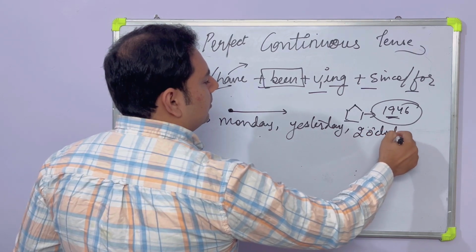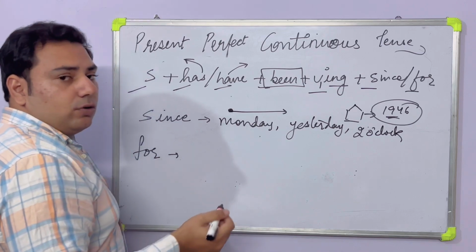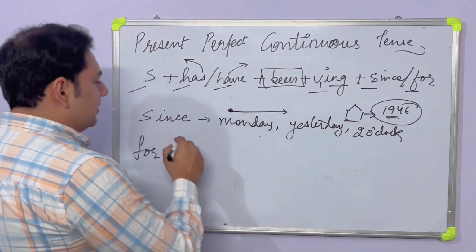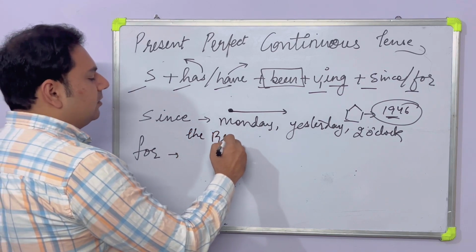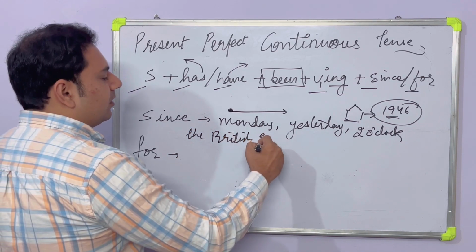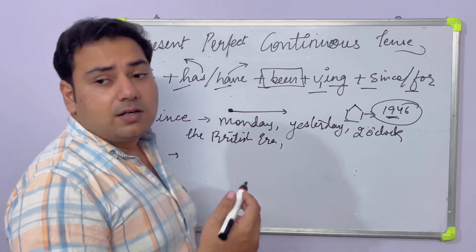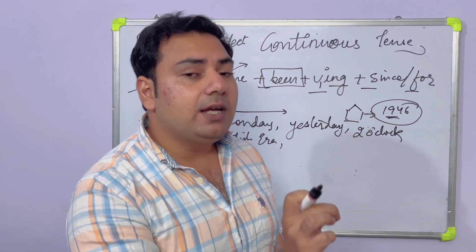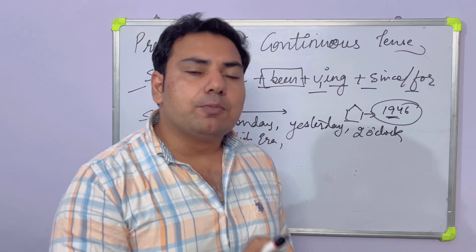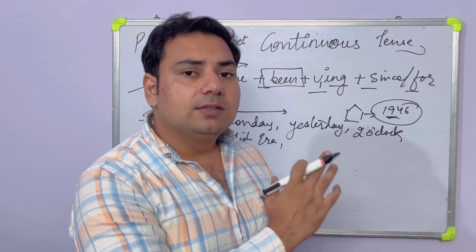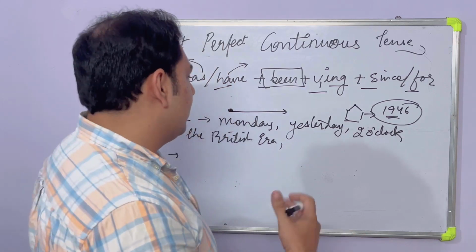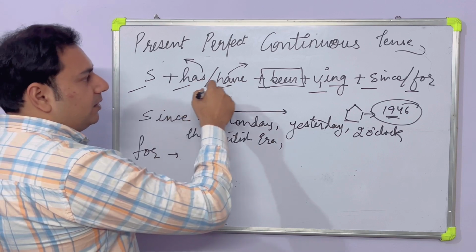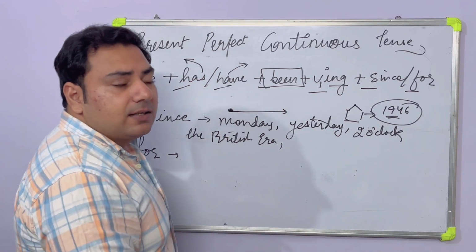Okay, so this is how you will be using since: since the British era, since the Second World War, since the First World War, because you are pointing to a particular point of time in the past, from where it is running right now, and it has been running from the past and it is still in the present.